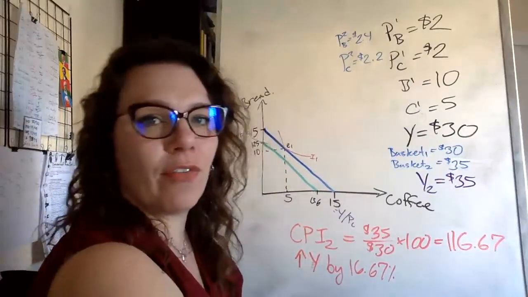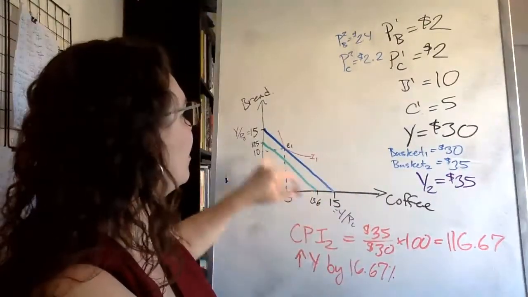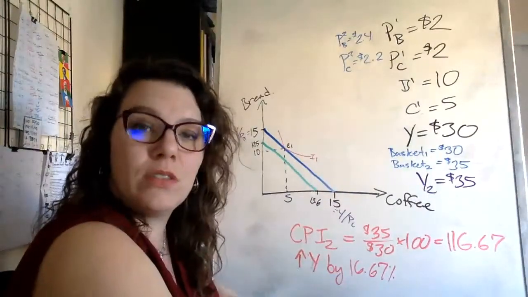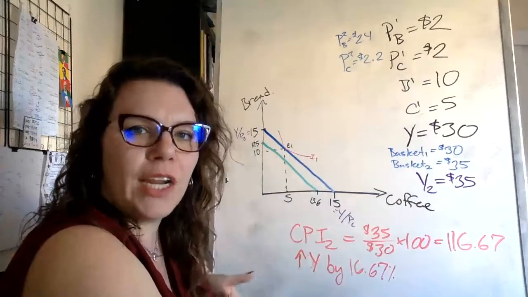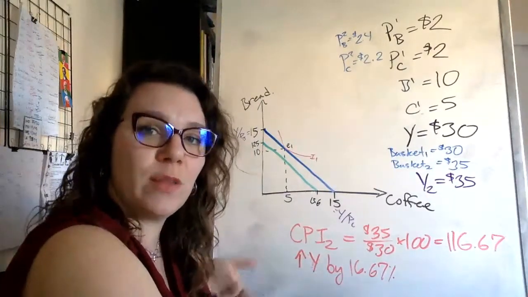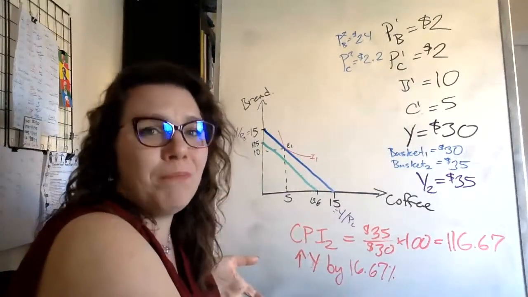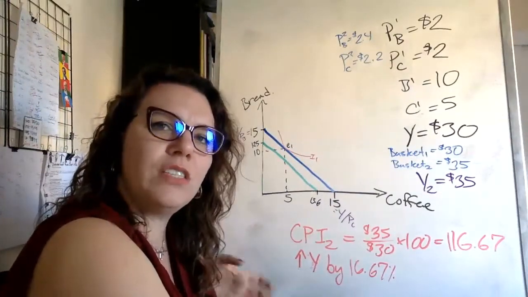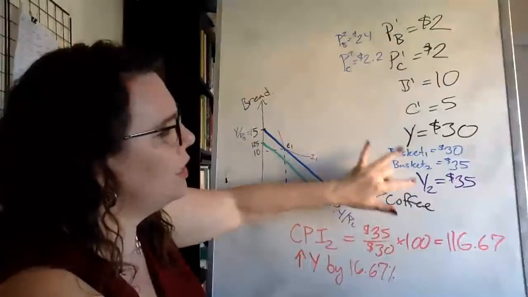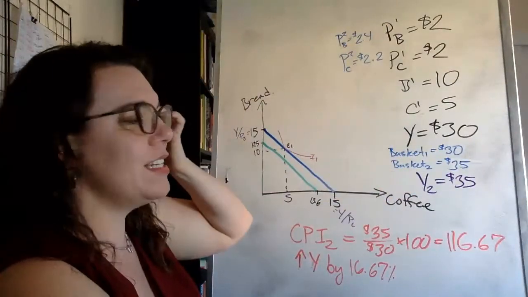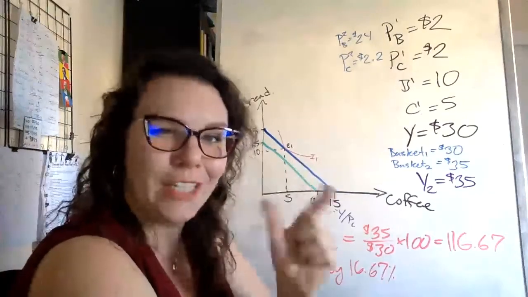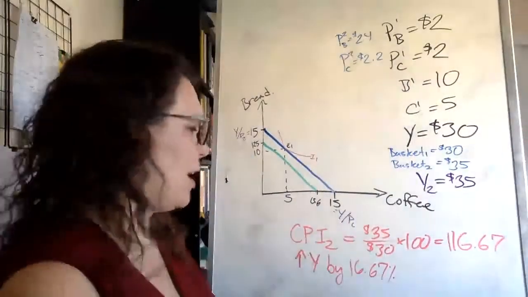So if our consumer views coffee and bread as generally normal goods that are weak substitutes, we're going to see consumption change. And as the price of bread goes up faster than the price of coffee, our consumer is going to buy less bread and buy more coffee. And so what we end up seeing is these cost of living adjustments, even though they're tied to the change in prices, are going to tend to put our consumer on a higher indifference curve because of the change in relative prices. Let me show you what I mean.